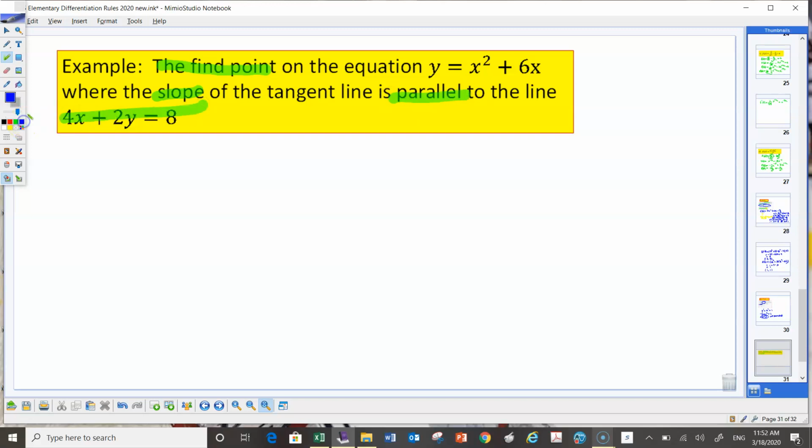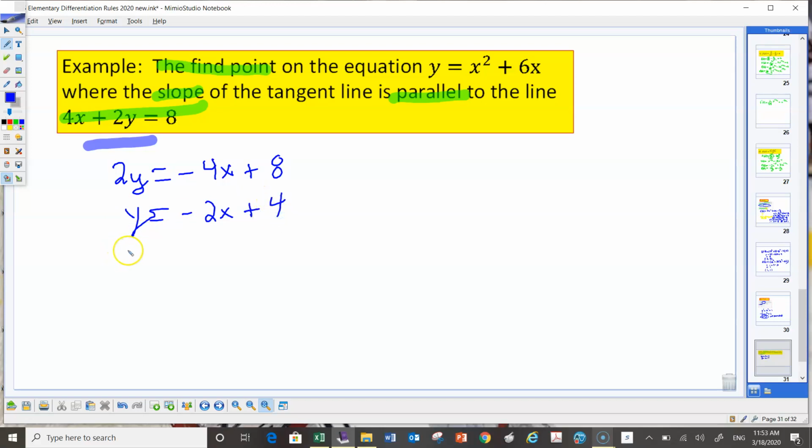In order to find the slope of this line down here, I need to write it in the form y equals mx plus b. So I'm going to isolate y in this equation by subtracting the 4x to the other side, and I'm going to divide each term by 2. So I get -2x plus 4.